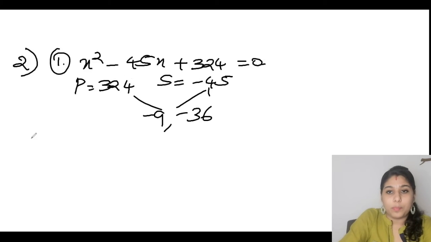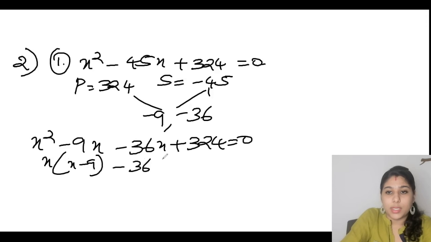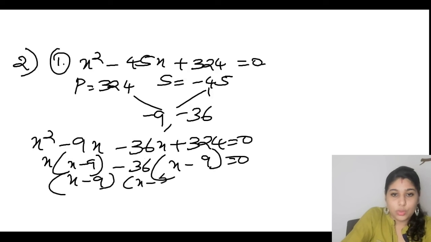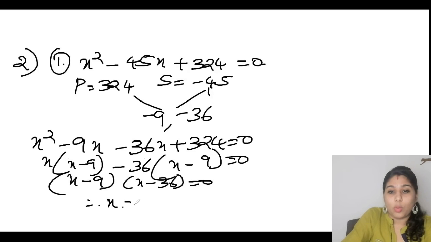So x² - 9x - 36x + 324 = 0. Taking x out, it will be x - 9, and taking -36 out, x - 9 is equal to 0. So (x - 9)(x - 36) = 0. By this we can understand that either x - 9 is 0 or x - 36 is 0. So x can be 9 or 36.